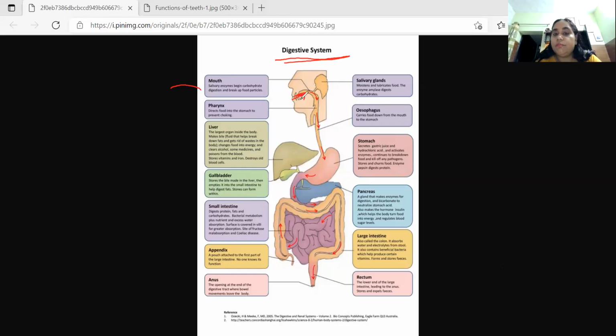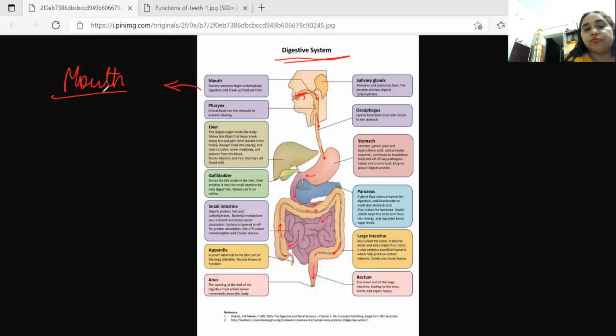Now, in the mouth, we have the salivary glands. Every time we chew the food, there is some watery material coming inside our mouth, and that is your salivary glands. Now, before going further, in the case of the mouth, we have different types of teeth.